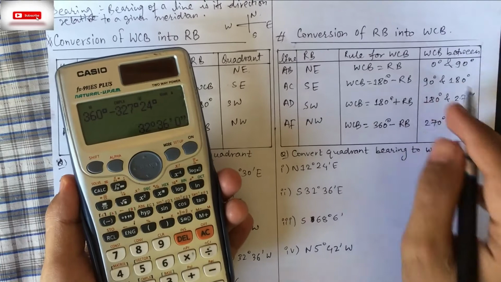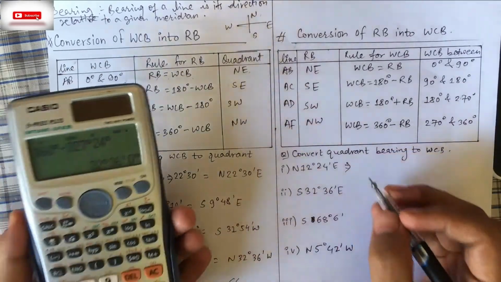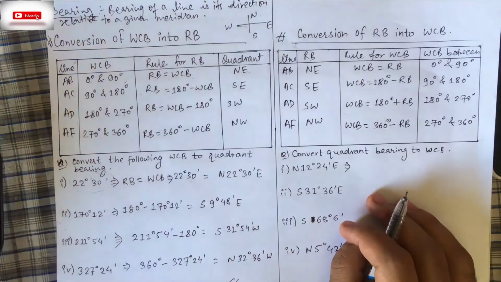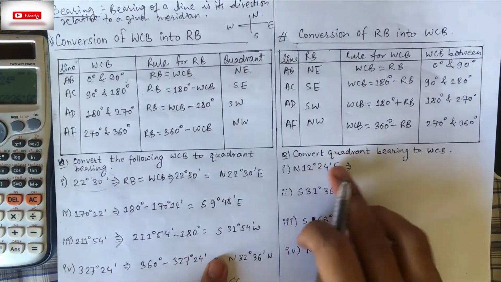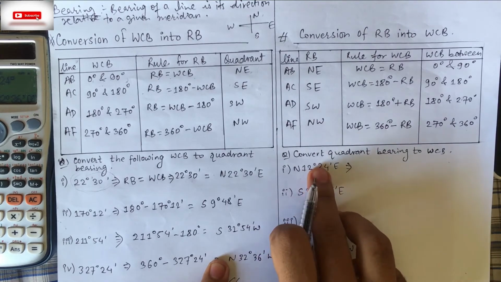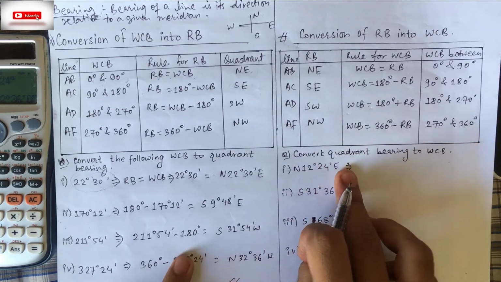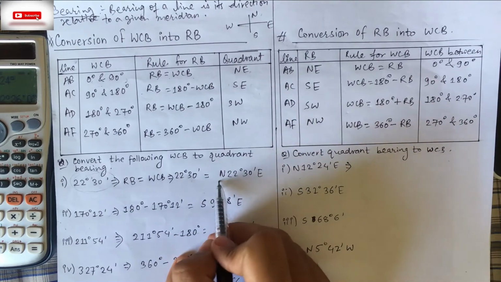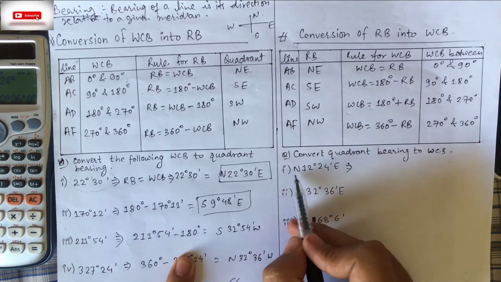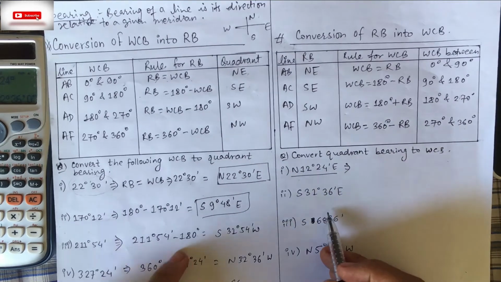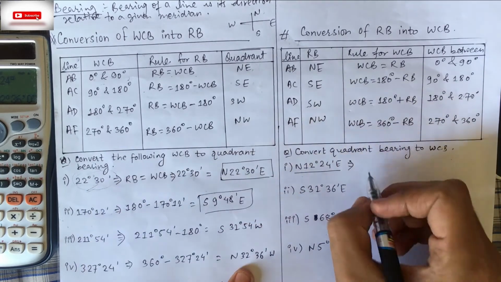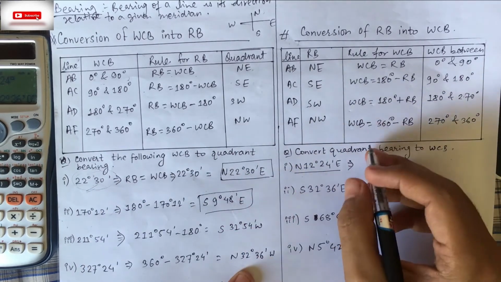Now for RB into WCB, we'll use the same method, just see the formula. Here we convert quadrant bearing to WCB. Here it is given north 12 degree 24 minute east. We need to find this in the opposite way.